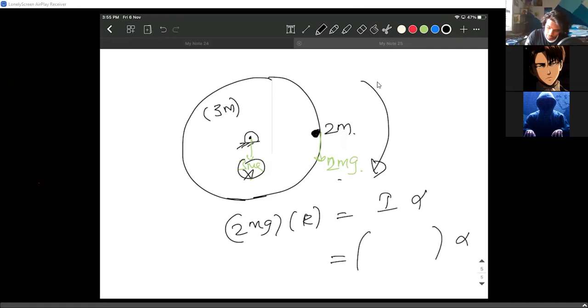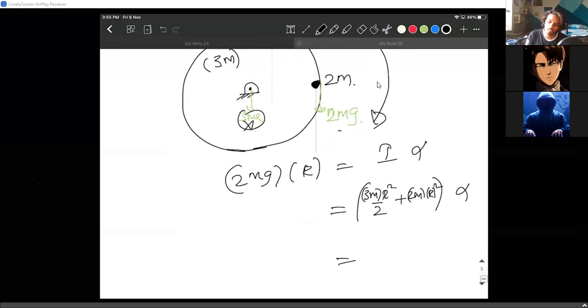Whenever I write the moment of inertia, I need to be careful that it's not just the disc that is rotating, the particle is also going. So the disc's moment of inertia is 3m into R square by 2, that is mR square by 2, plus the particle mass 2m into the distance, which is R square.